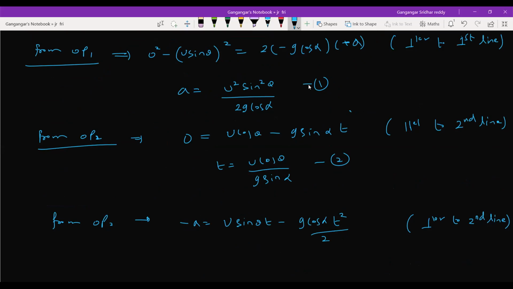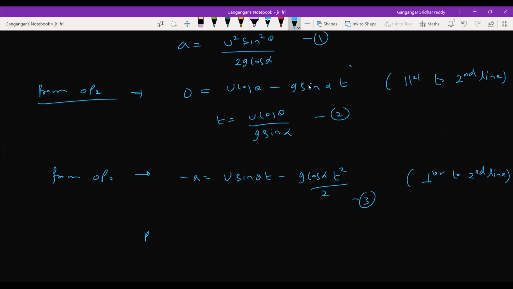Okay, substitute the value of t here. This we got, and the a also we assumed, so substitute the value of a. Call this equation 3. Put 1 and 2 in 3, then eliminate the things.